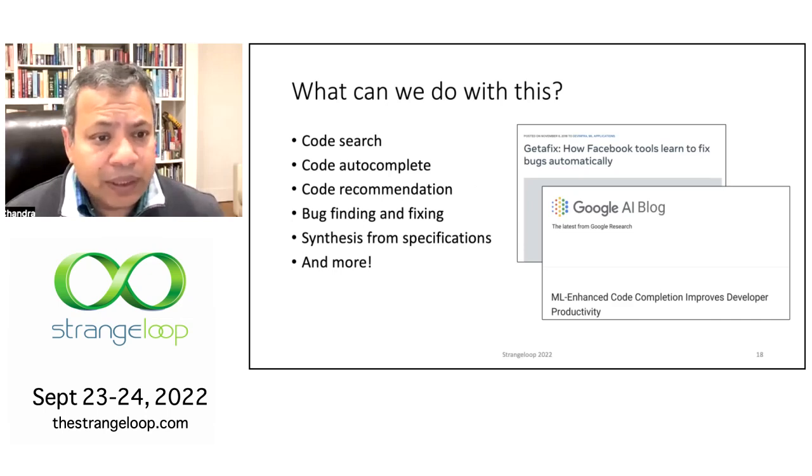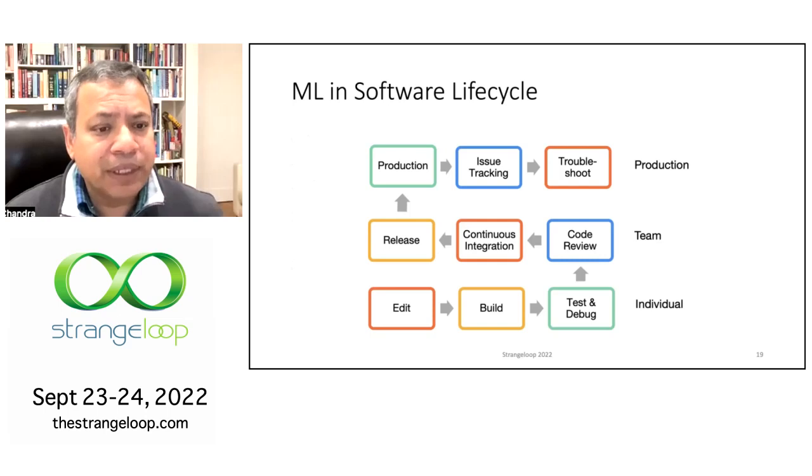But beyond just these very coding oriented tools, I would say that machine learning has the potential of being used in other parts of the software lifecycle. So, for example, code review, issues that come up in continuous integration, or even farther out in production, troubleshooting, and so on. And in fact, there are works out there that talk about many of these issues.